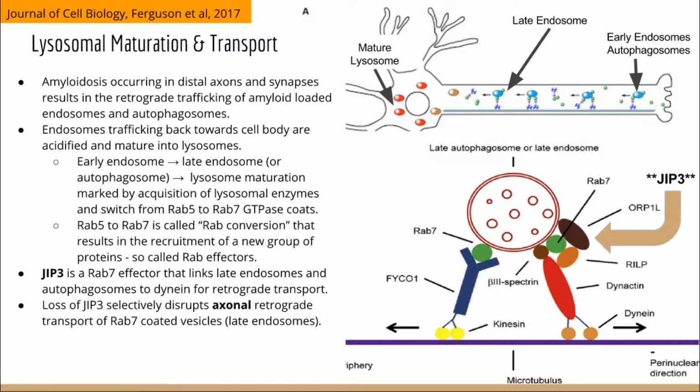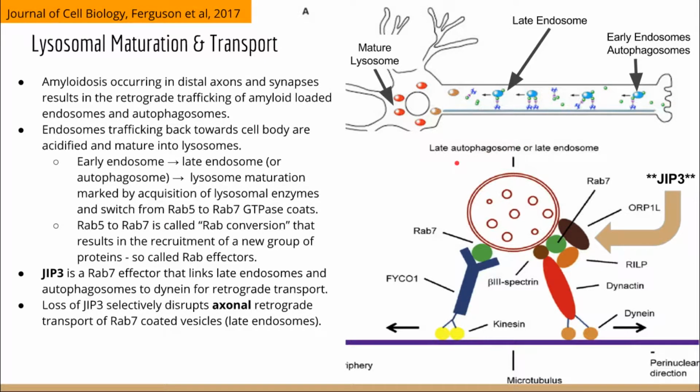So a vesicle holding on to Rab3, for example, is headed for the synapse. It's recruiting proteins that direct it to the synapse. A vesicle holding on to Rab18 is a lipid droplet, recruiting proteins related to lipid droplets. A vesicle holding on to Rab1 is in the Golgi complex, recruiting Golgi-associated proteins.